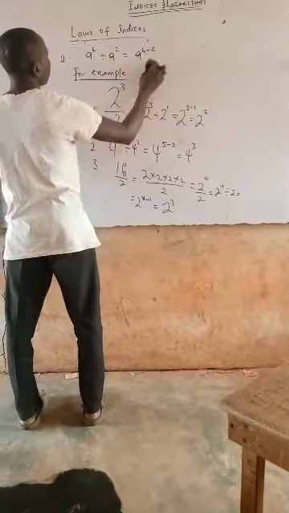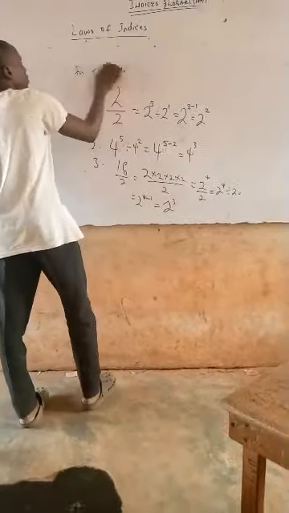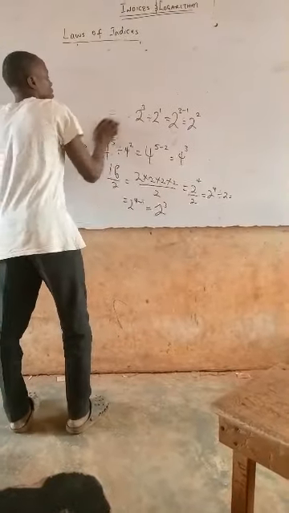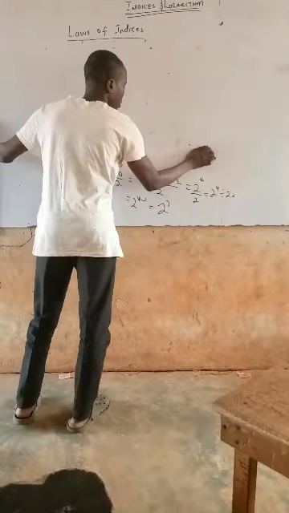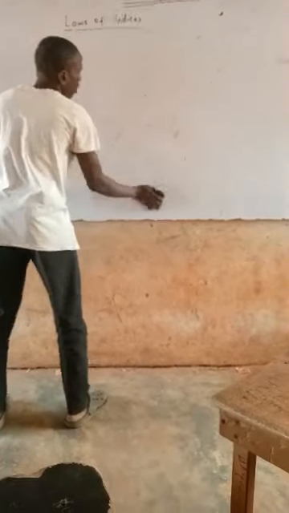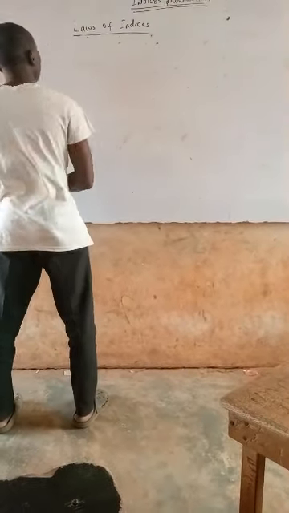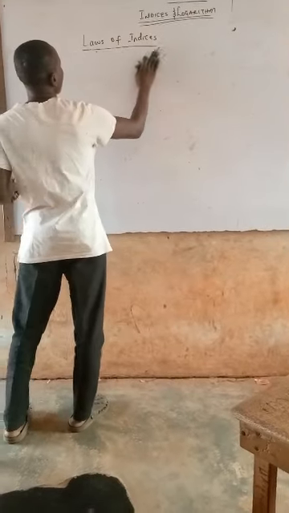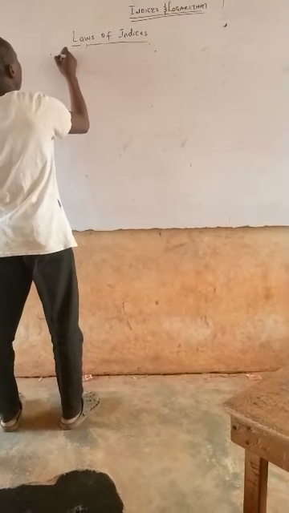Then the next rule that we'll be looking into is this: if we have any number raised to the power of 0, it's going to give us 1.